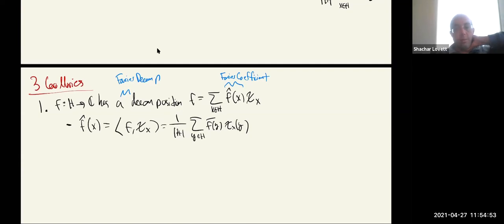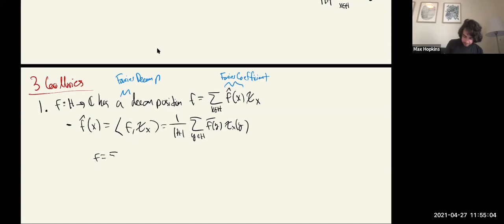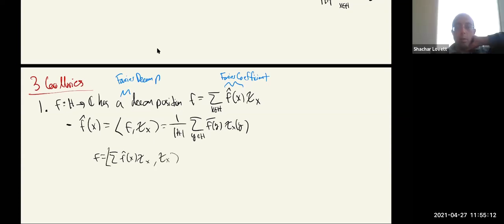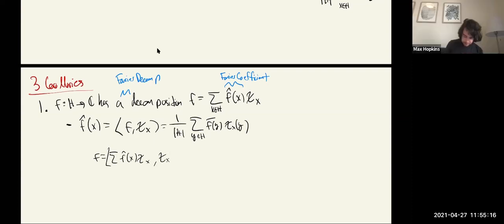First of all, the equation you wrote here is not correct. You want to decompose F and then do this inner product with chi x. Yeah. So F should be equal to the sum of F hat X chi X, and then this is inner producted with chi X. Maybe let's not use the same X. That's a good point.